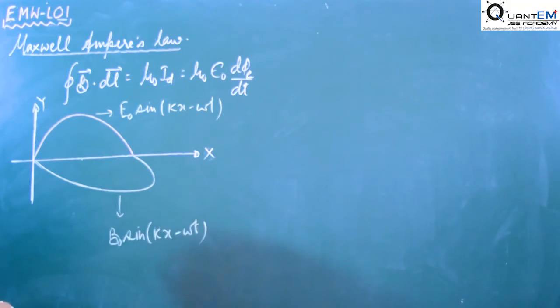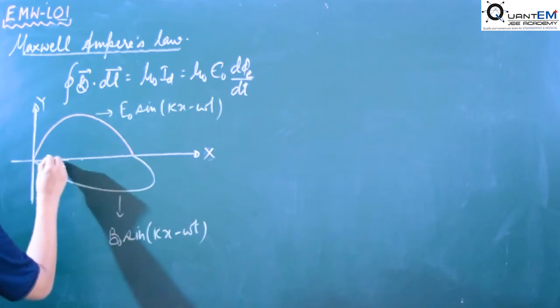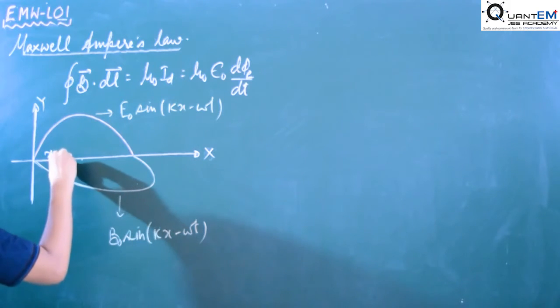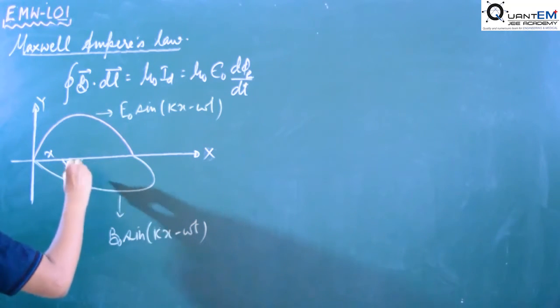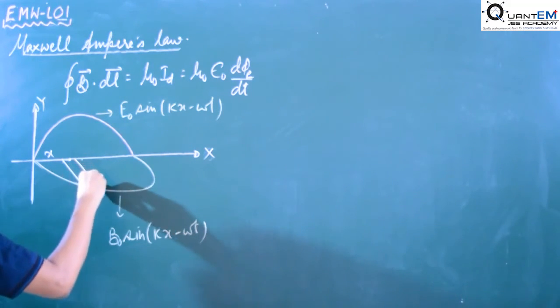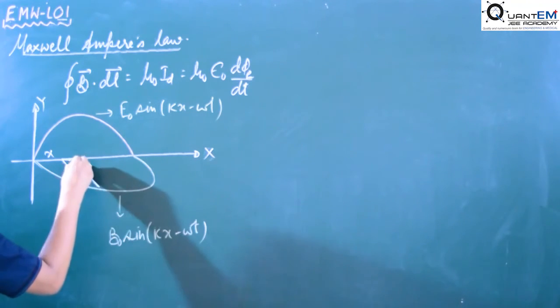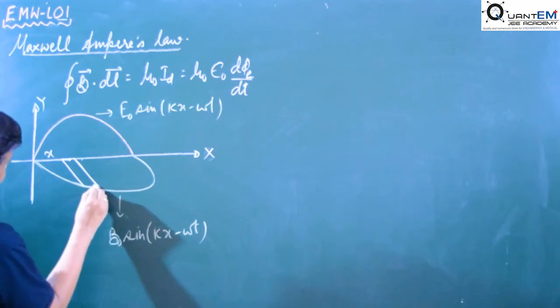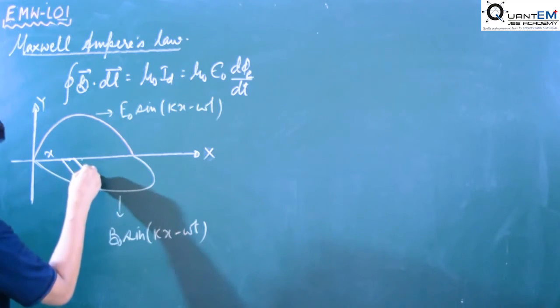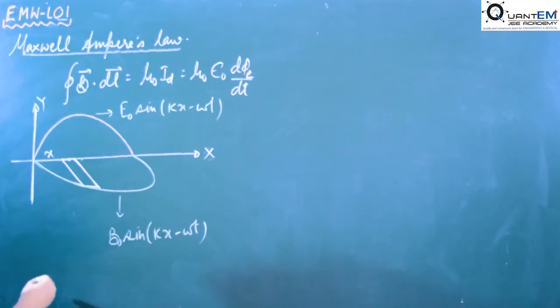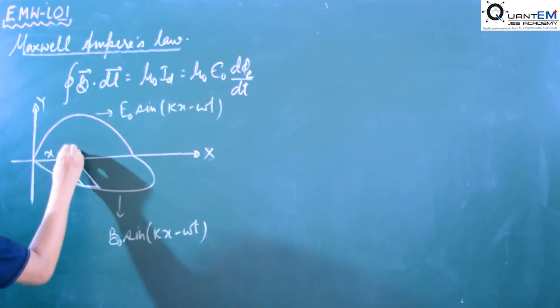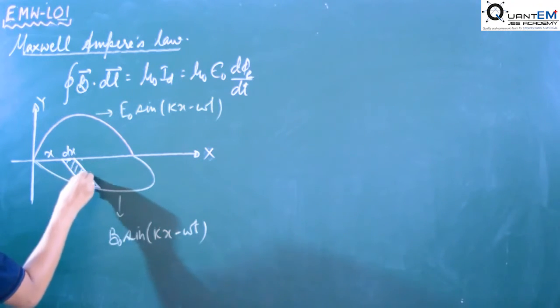So now here also at a distance x we consider a small element, okay, of thickness what, dx. This thickness we have what, dx.